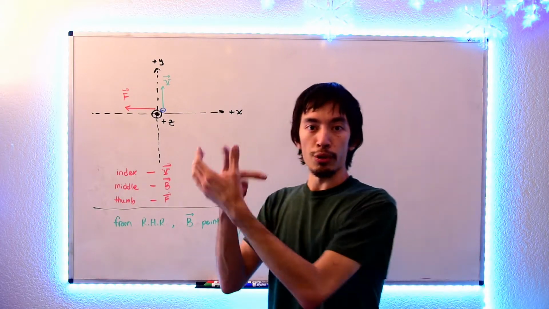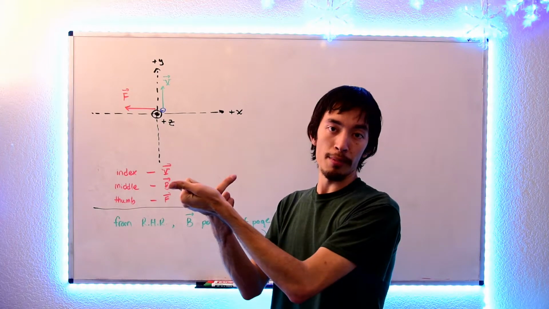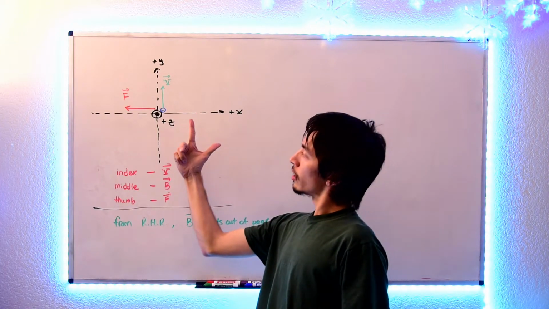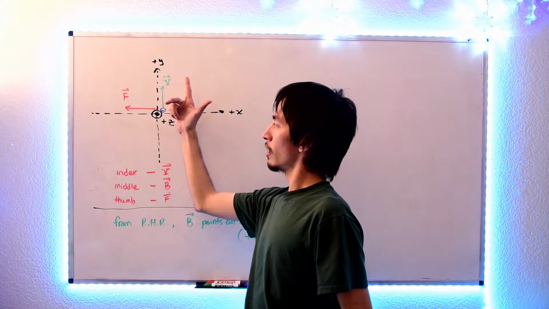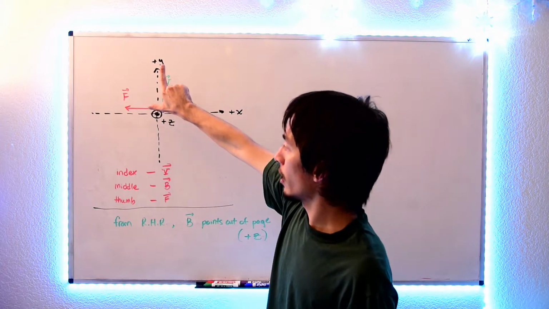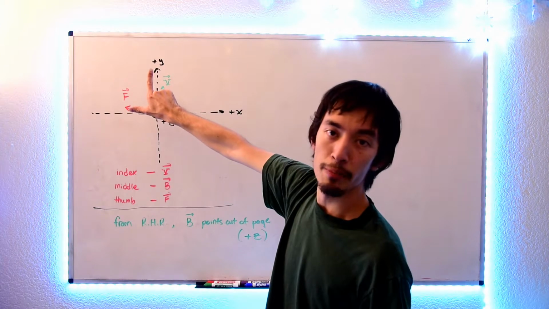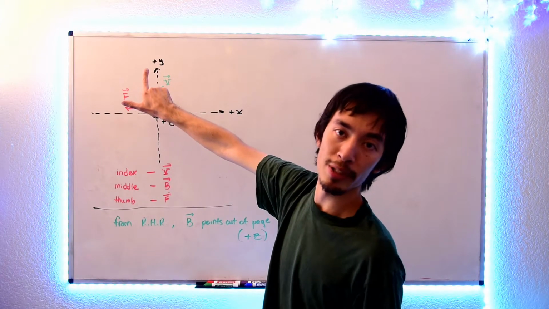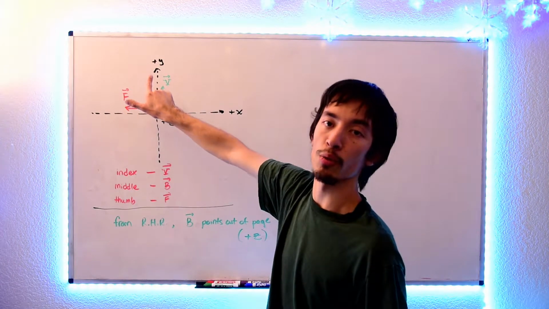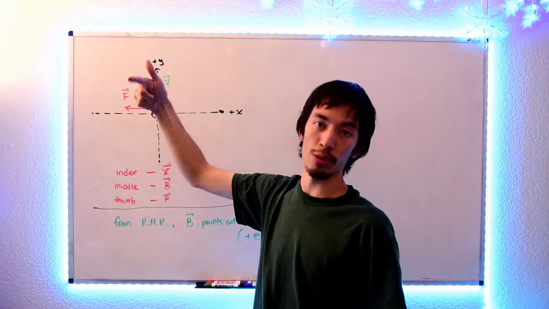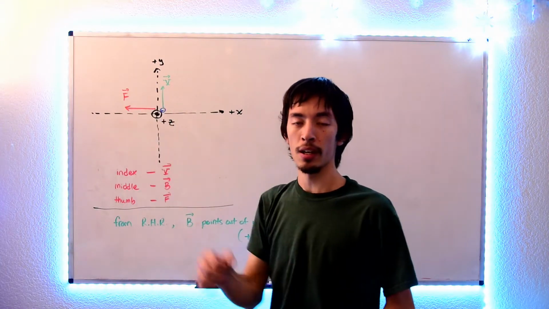And again, if you do your right hand, you should be able to confirm the same thing by flipping the answer. So index up with velocity, force to the left with the thumb. The middle finger points into the page, which is the opposite direction it needs to be. So negative charge means it's actually out of the page, which is consistent.